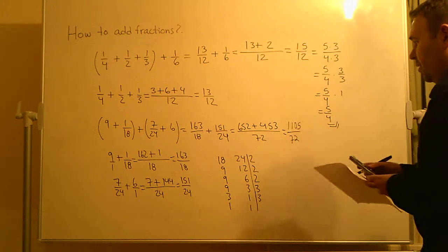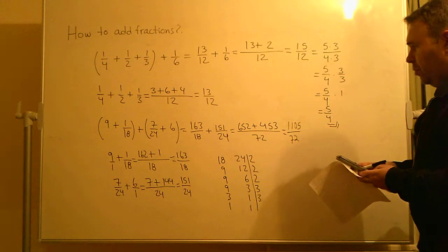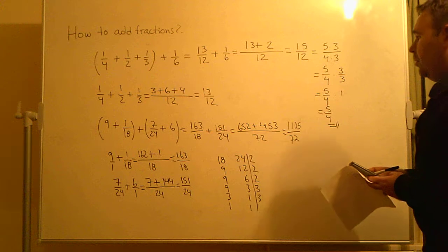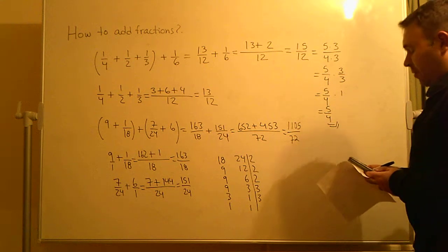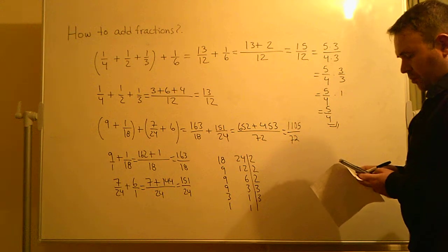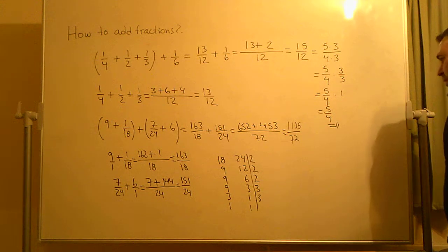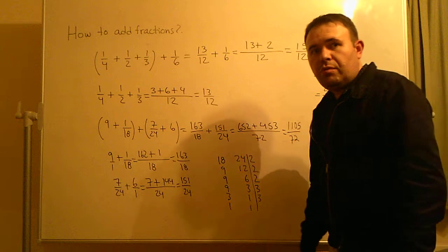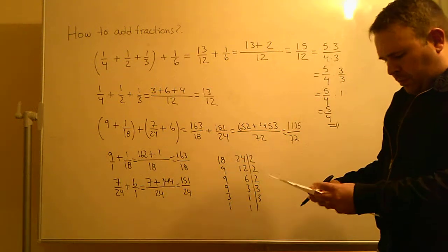Let me confirm this. 652 plus 453, yeah, 1105. Yeah, 1105 divided by 72. Yeah, and this cannot be simplified. You can check at home whether it can be simplified, but you won't be able to. Okay?